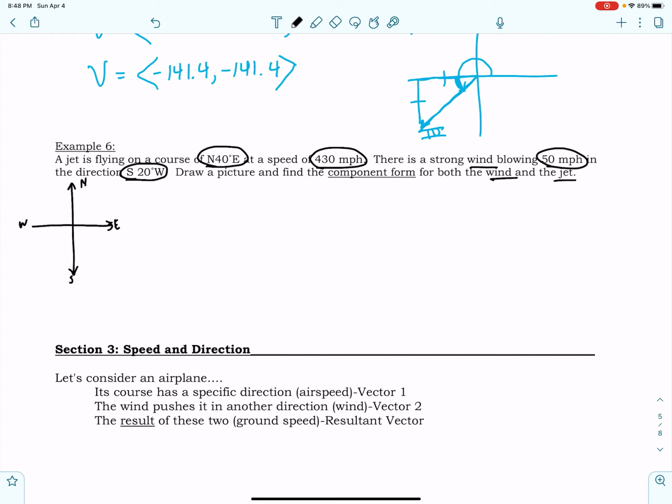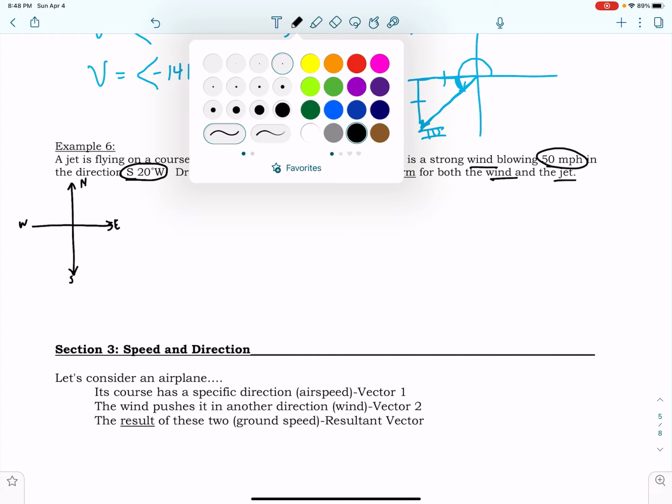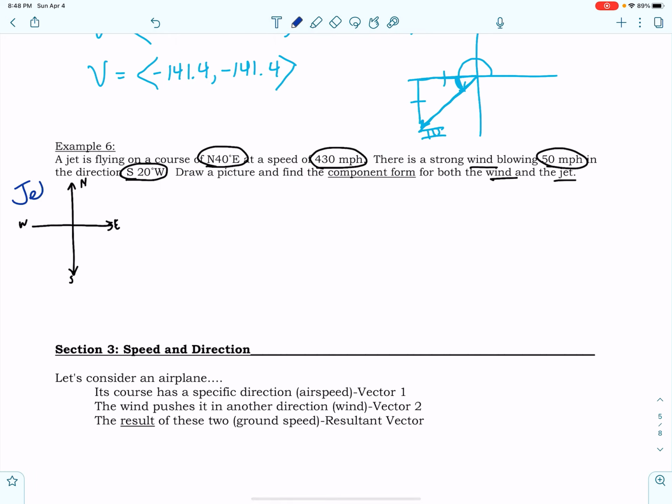So I'm going to deal with the jet first. It doesn't matter which one you deal with first. It has a course of north 40 degrees east. So this is 40 degrees right here, and it is moving at 430 miles per hour. So the jet component form is the speed times the cosine of the direction angle, which I don't know yet, and 430 times the sine of the direction angle.